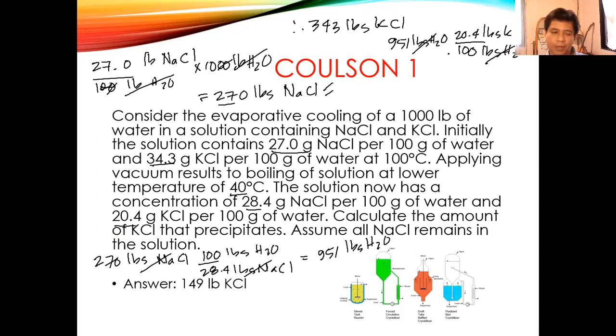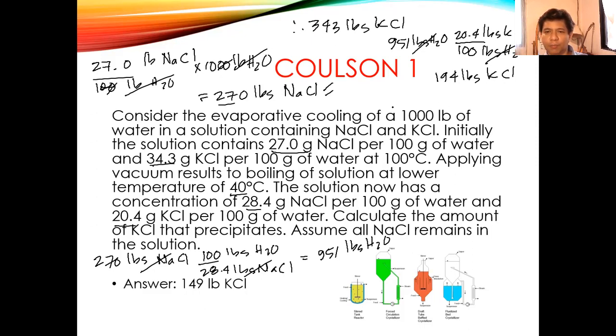And then, you will have the amount of KCl still in the solution. No? So, i-minus nyo lang yan doon sa original na 343. You will have the final answer. So, I have 194. So you have 194 pounds of KCl still dissolved in water.